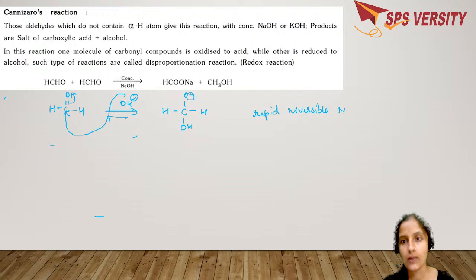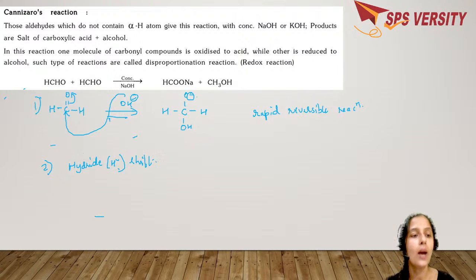This is a rapid reversible reaction. This is step 1. Now, in the second step, the hydride shift will take place. What is hydride? It is H minus. How does it happen?